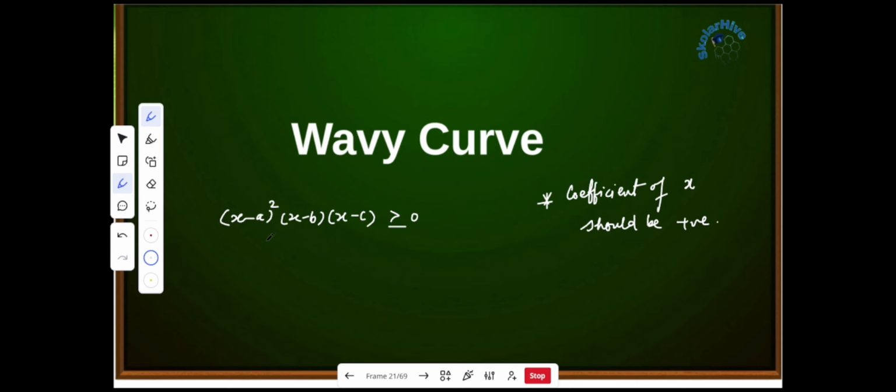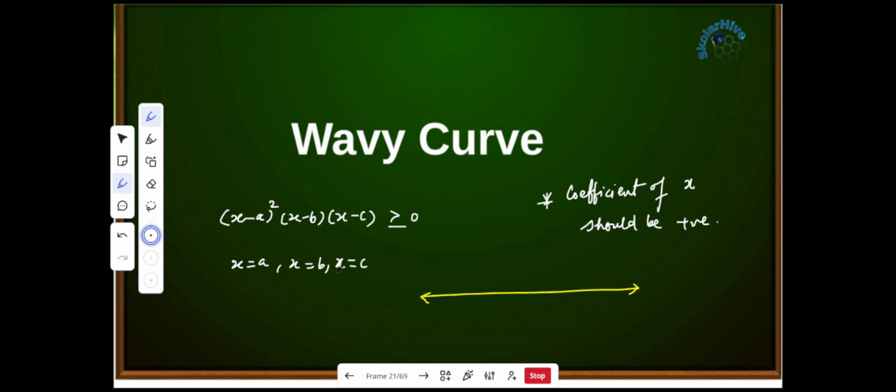So from here, we can find the critical points by equating each factor to zero: x is equal to a, x is equal to b, x is equal to c are the critical points for this expression. Now draw a line and plot these points in ascending order.